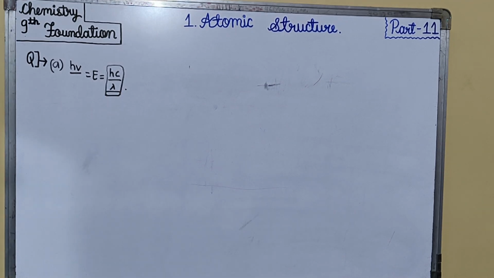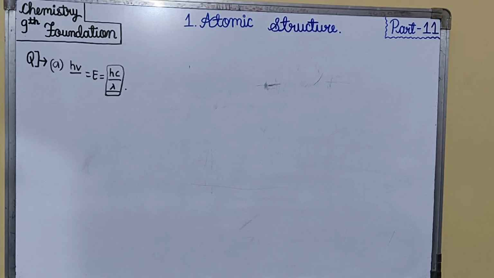Given was wavelength is lambda, energy in photon E is equal to what? We know E is equal to hv, velocity of a wave is equal to frequency into wavelength, and from frequency what we get?